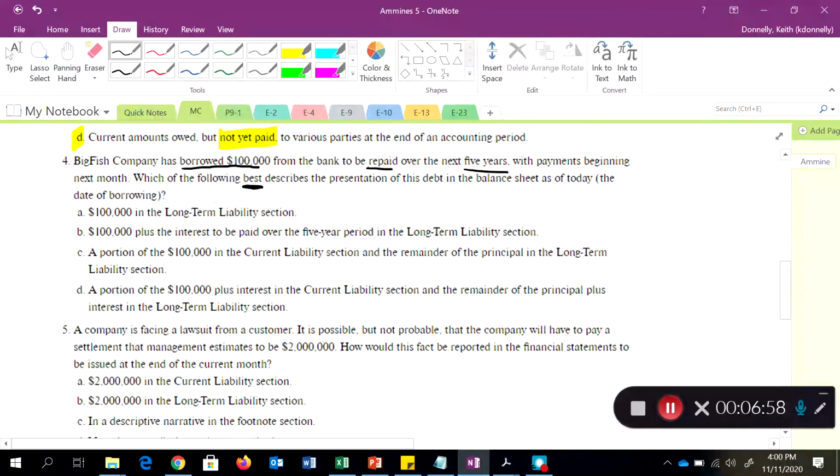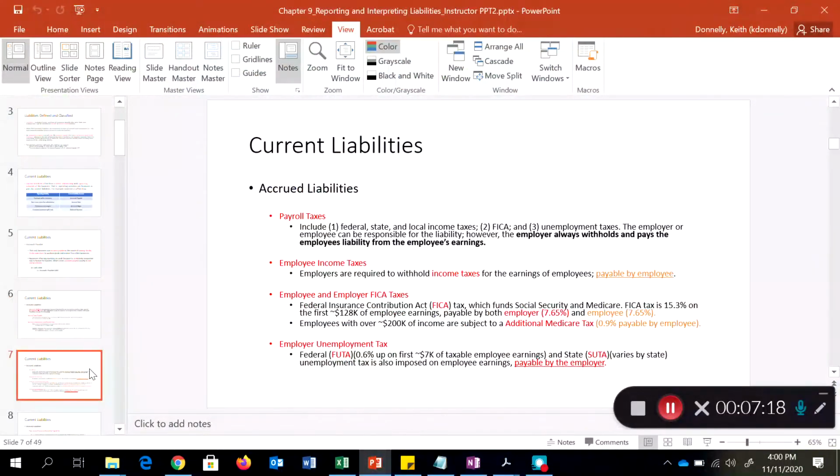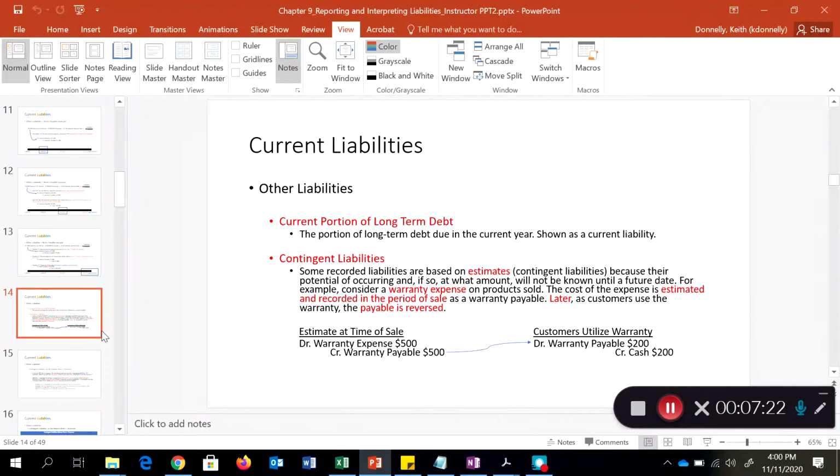You see here 4. A portion, looks like it's going to be C here. And we talked about this. A portion of the $100,000 will be in the current liability section, and the remainder will be in the long-term liability section. We talked about this in the PowerPoint where we said, hey, if you owe something over multiple years, you're going to put what you owe in the current year as a current liability.